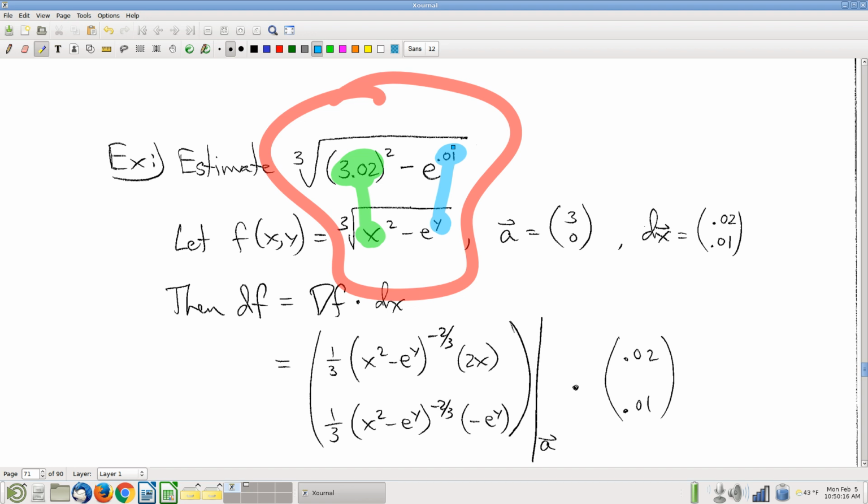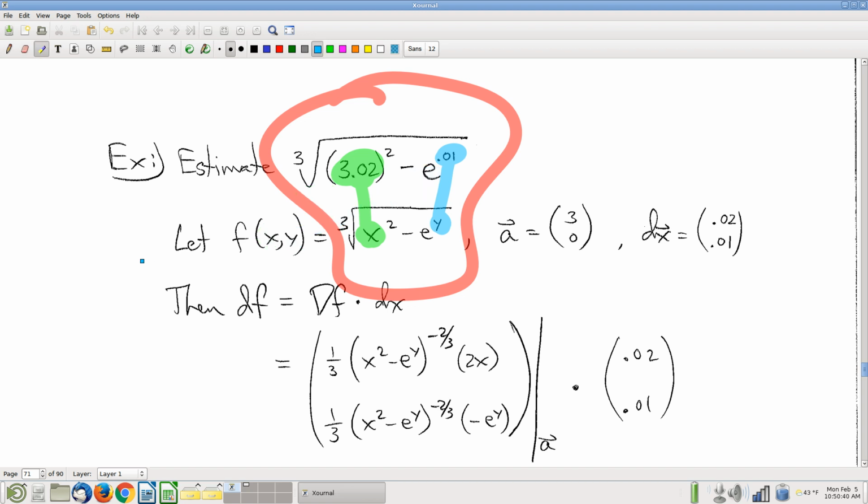So you notice the structure of the expression you're interested in, and the annoying numbers that you're looking at, give them names, and now you've got a multivariable function. So we're interested in computing that at the point where x is 3.02 and y is 0.01.